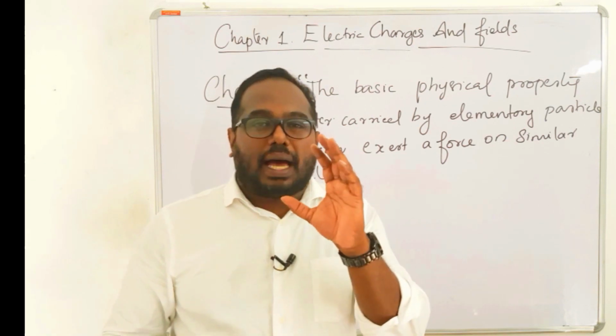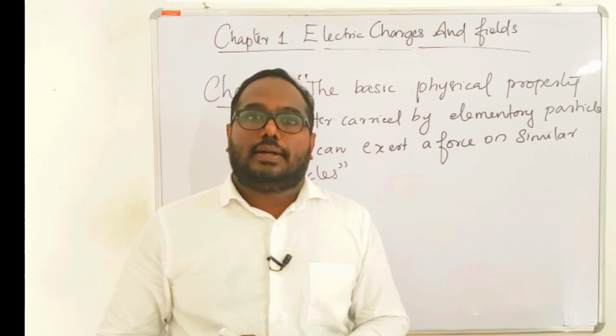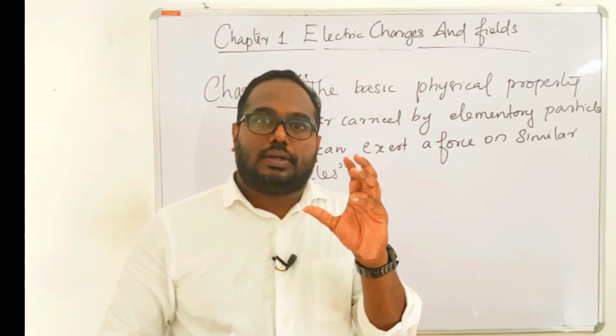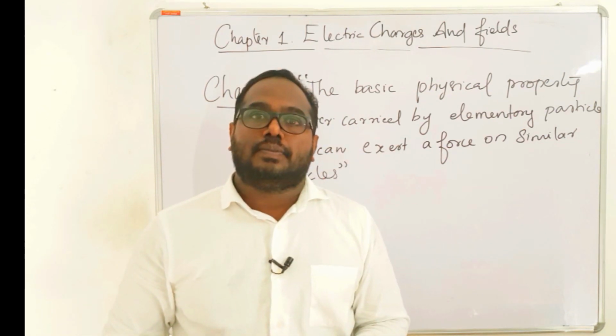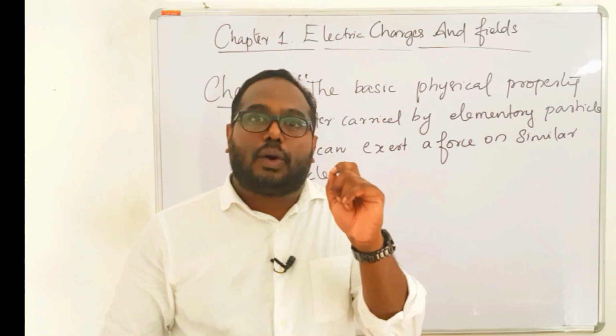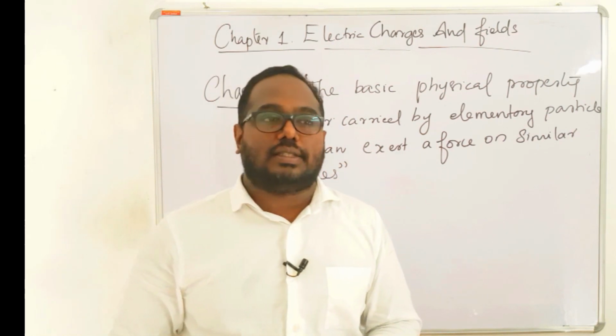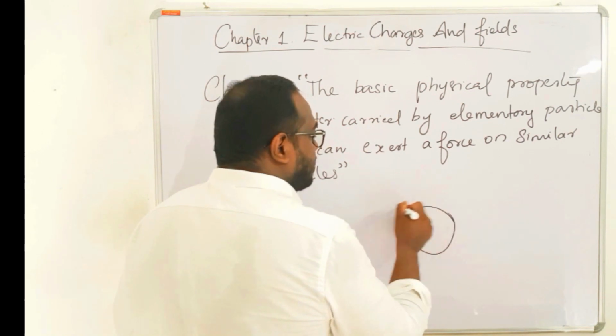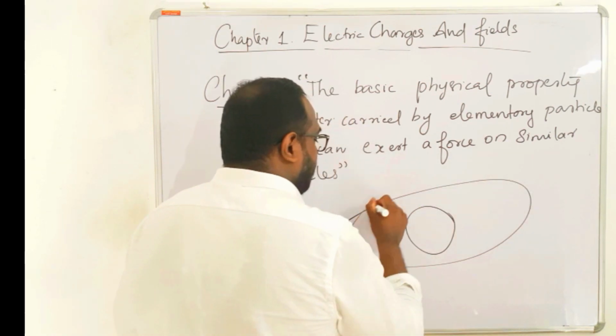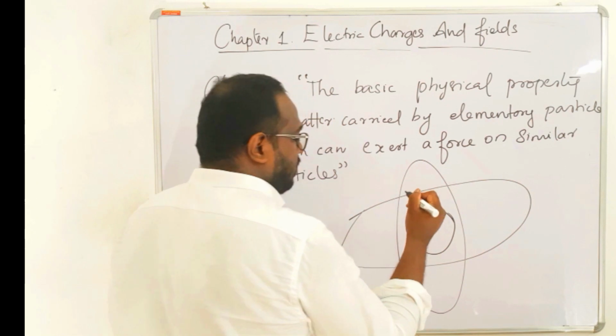Okay, a matter consists of atoms, you know that, right? Atoms. What are the elementary particles in atom? Yes, electrons, protons, neutrons are the elementary particles. You know the structure of atom, right? Atom consists of at the center nucleus and electrons are revolving around the nucleus, right?